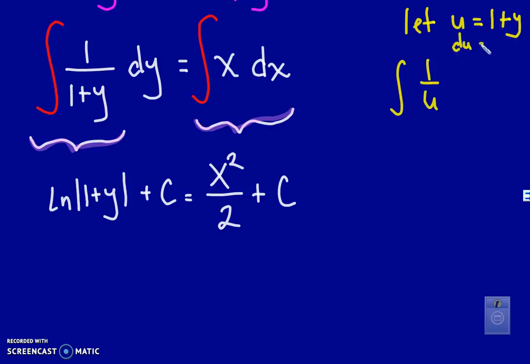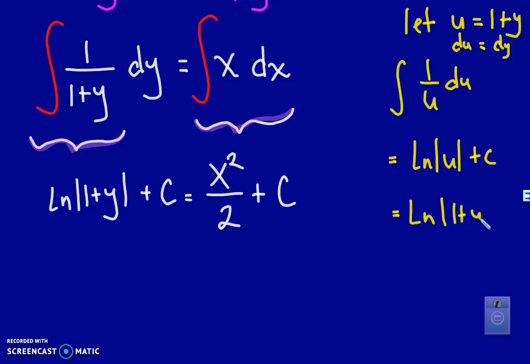So du equals 1 times dy, so you can simply replace the dy with the du. You integrate this to get the natural log of the absolute value of u plus c, and then you resubstitute your values to get the natural log of the absolute value of 1 plus y plus c.